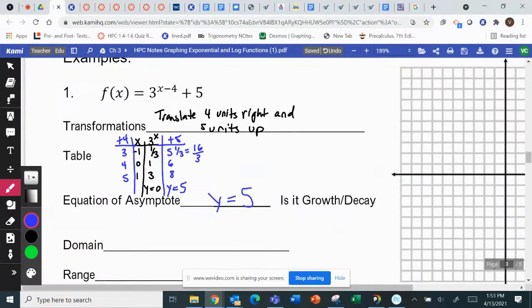Is it growth or decay? Really should have to do with the b value, which is our base 3. That is greater than 1. So that would mean this should be a growth.